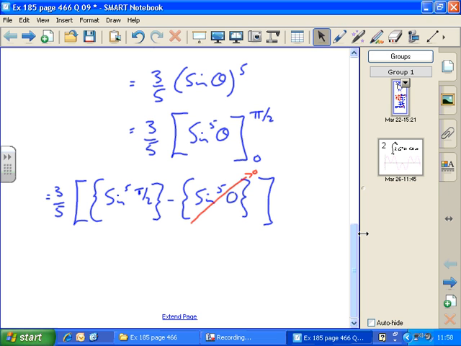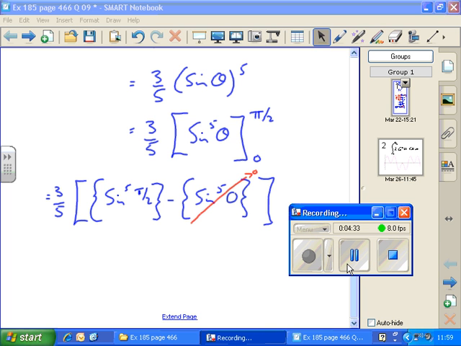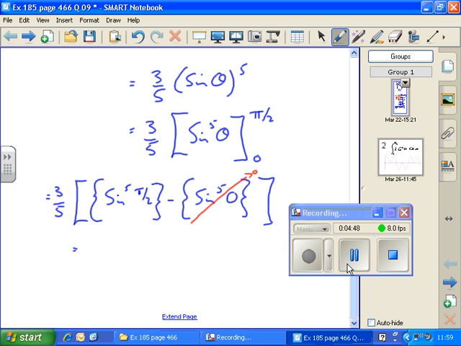And then we put our value in, sine to the 5 of pi over 2. And we should be able to work out the solution in the text. Sine of pi over 2, sine of 90 degrees is just 1, so sine to the power 5 of 1 is still 1, so we end up with the solution 3/5, which is 0.6.